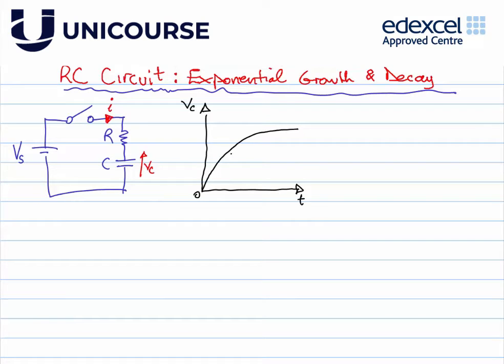And if I was to mark out where that plateau is on the curve itself, you will find that it is Vs, the supply voltage, which is the maximum value for the capacitor voltage. So this whole arrangement is exponential growth.